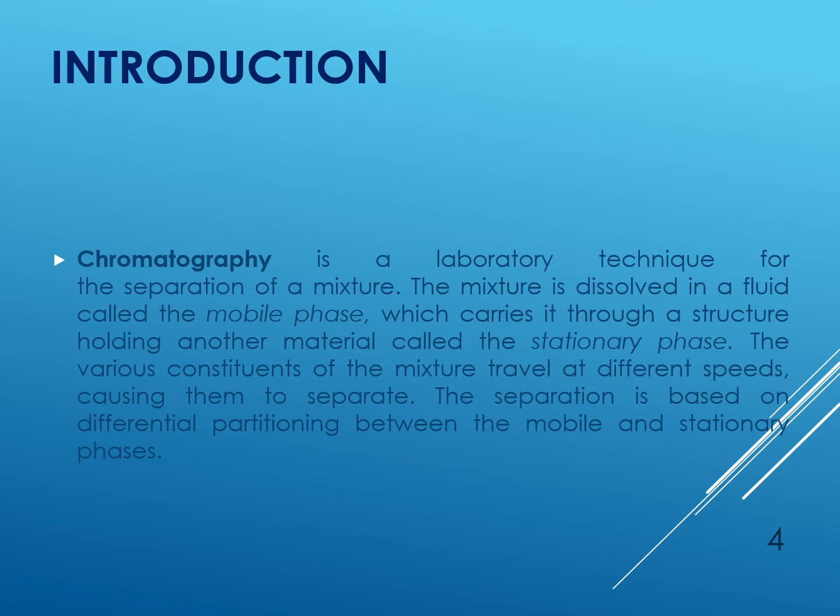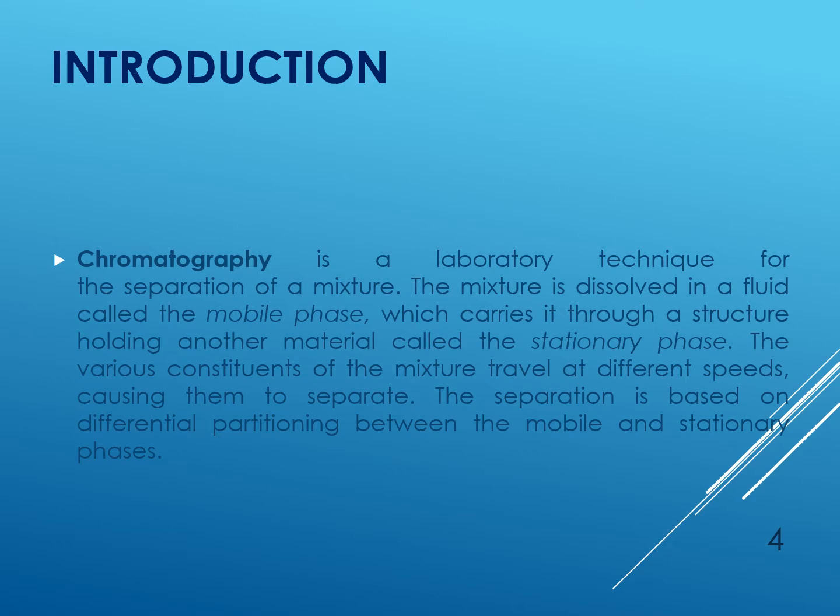The particles which we want to separate move along the mobile and stationary phase, and on the basis of their affinity towards the mobile and stationary phase, we can separate the components from one another. So it is basically a separation technique in which components are separated from one another.